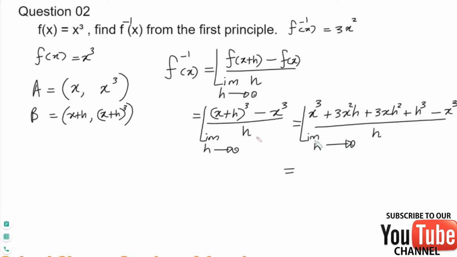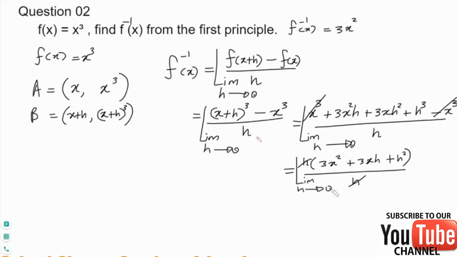And now x cube and x cube cancel. Same as what I did before, I'm going to factorize the h out. So that's going to be h times (3x squared plus 3xh plus h squared) over h. Now h and h cancel. So the limit h goes to 0, right?